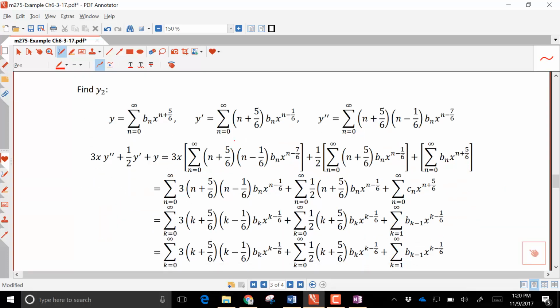Y2 is a little bit more complicated than what we're used to. Y2 is of the form b sub n x to the n plus r2, our second root from the initial equation.